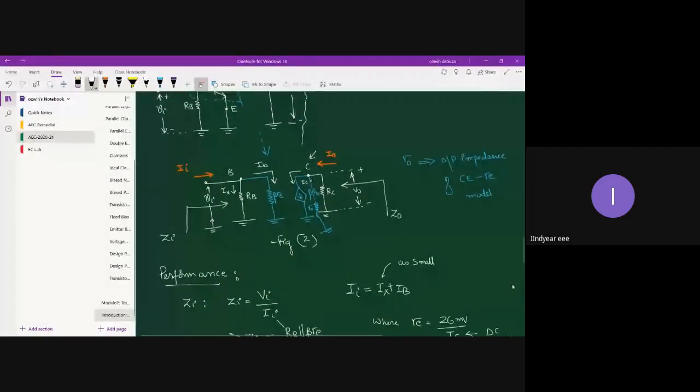Now, one thing is very, very important: the current direction of I0. You see, the current direction of I0 is an inward current direction. If you consider the inward current direction, the polarity of the output voltage will come flipped.